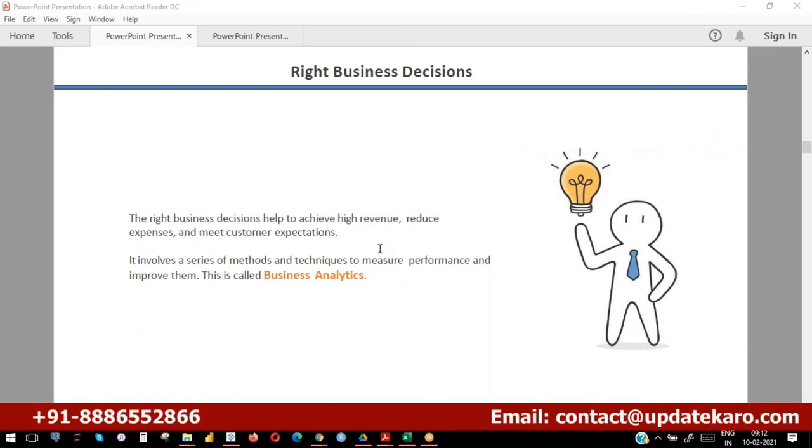So for high revenues, you should increase your sales, reduce your expenses, and meet customer satisfaction. By the introduction of the new product, if the customers are not at all satisfied, they are not going to buy your product, right? Then was this decision of introducing the new Coke a right business decision?